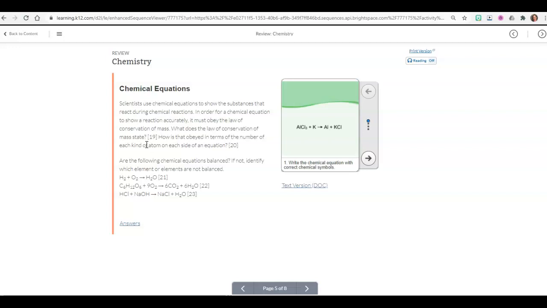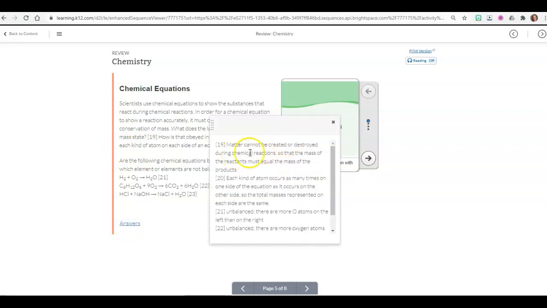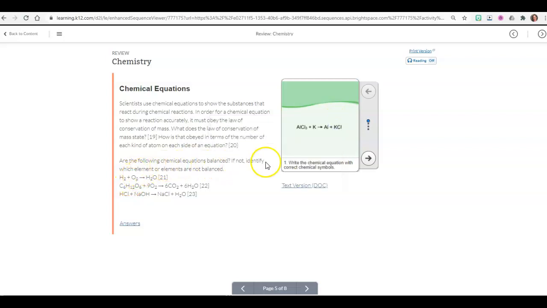And how is that obeyed in terms of the number of each atom on each side of the equation? Matter cannot be created or destroyed, so the mass of the reactants must equal the mass of the products. Each kind of atom occurs as many times on one side of the equation as it does on the other, so the total masses have to be the same. If it's unbalanced, like this one on 21, the question's asking, are they balanced or not?